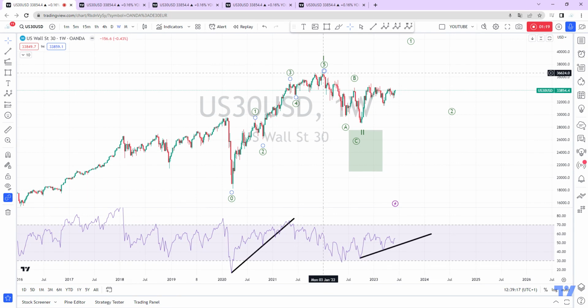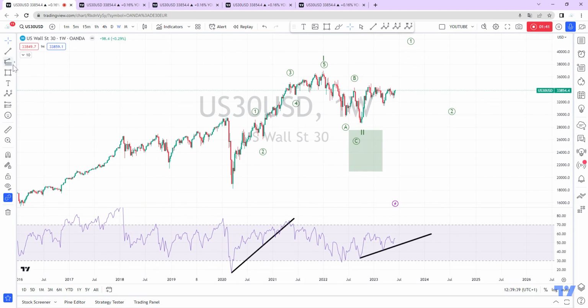Then we corrected this wave 1 to the downside, or we are still correcting this wave 1. This is also a possibility. But for now, I will assume that the low was in here, that we made here our wave 2 low.